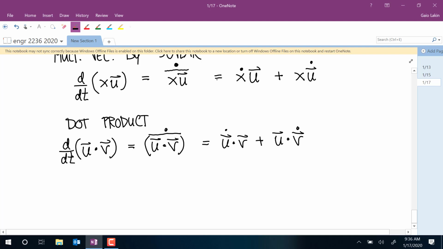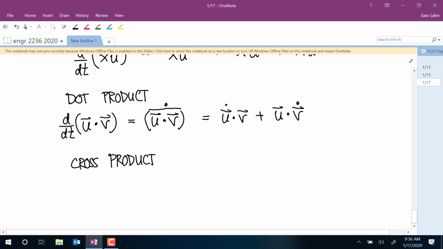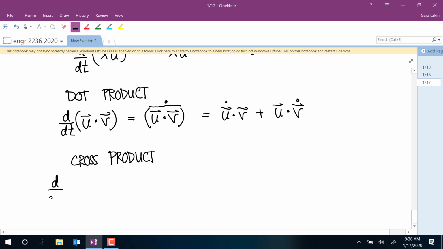And now the cross product. So d dt of the cross product u cross v.